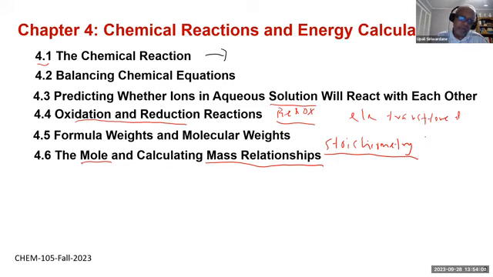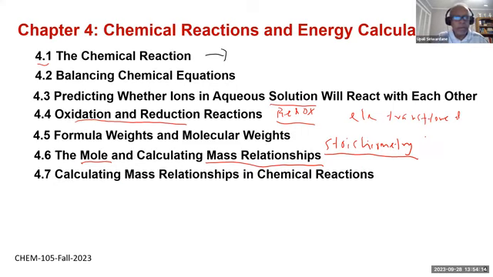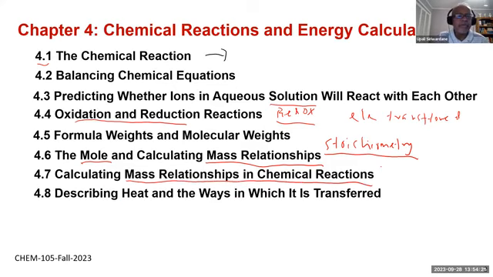So when you're doing a chemical reaction, you have to convert grams to moles and do the conversion, then from the moles of product, get the grams of the product back. This is an essential part of stoichiometry, calculating mass relationships in chemical reactions.